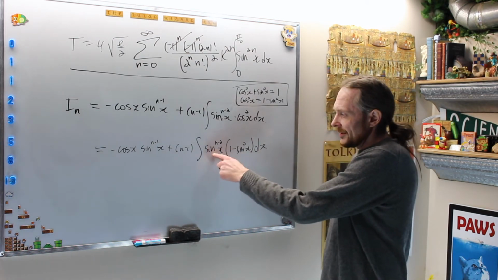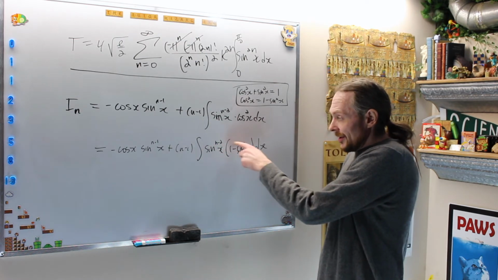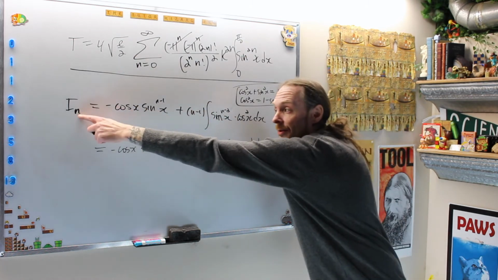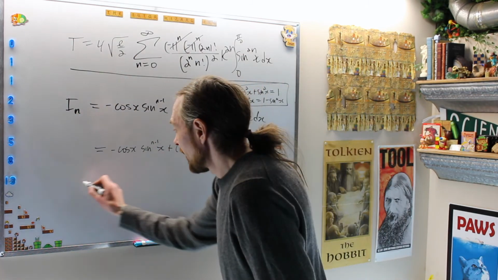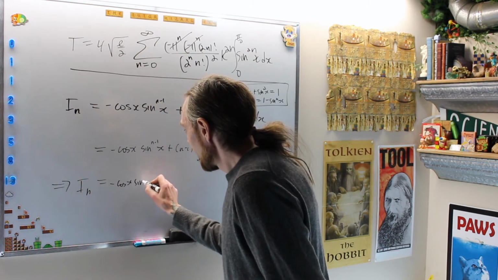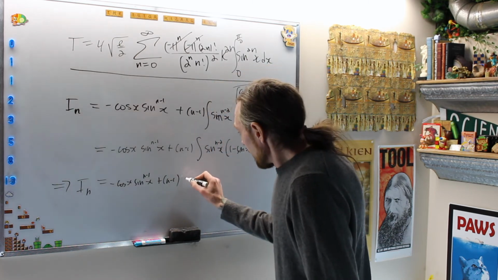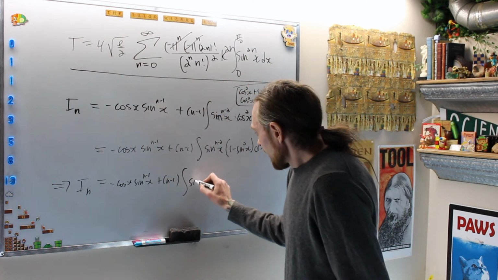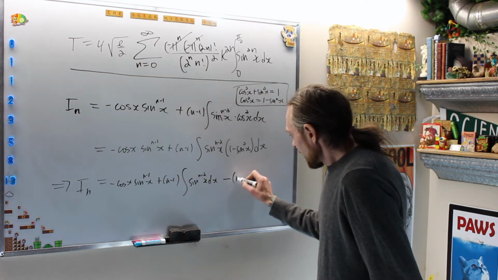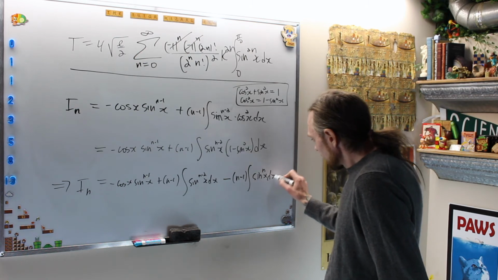The first one will give us the reduced one, and then the minus and the 2 will combine, and we're going to get sine^n again, which is our integral. So I_n equals negative cos x sine^(n-1) x plus (n-1) times the integral of sine^(n-2) x dx, minus (n-1) times the integral of sine^n x dx.